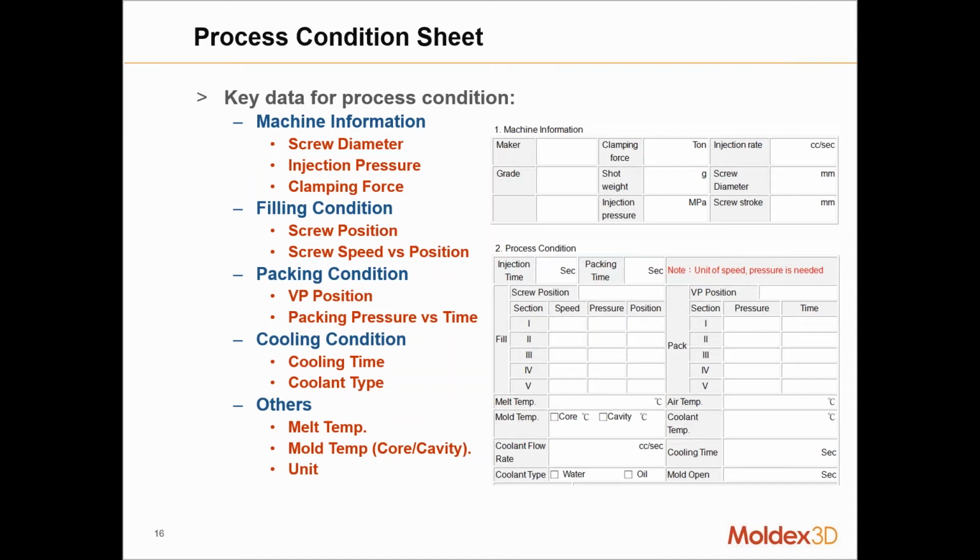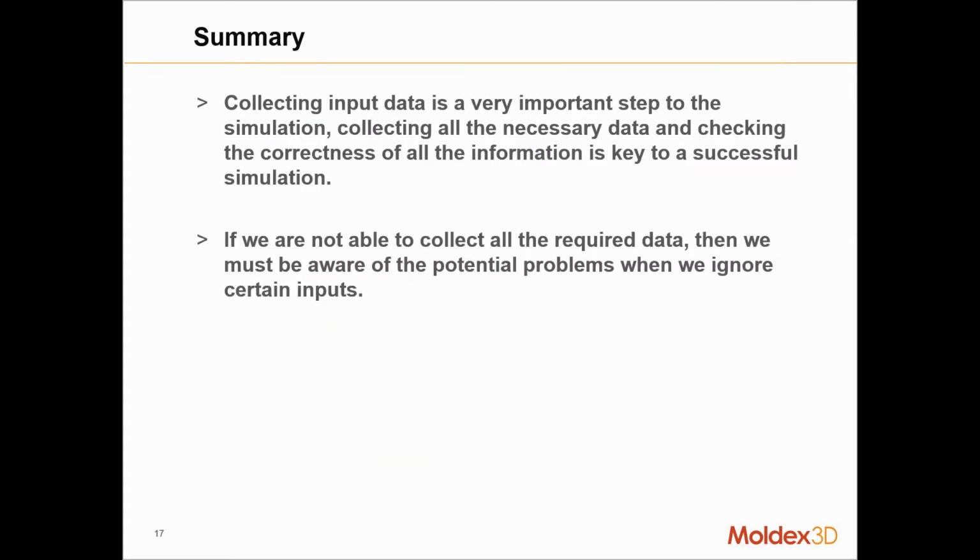Otherwise, if you're just using generic data for processing conditions and trying to correlate that with your prototype mold or with production, or trying to troubleshoot something, there would be a lot of mismatch. So having the right input data is very important in order to get better accuracy in your simulation results.